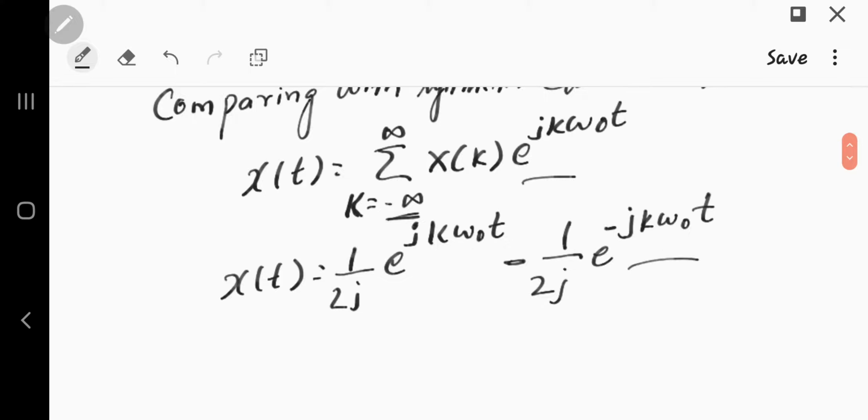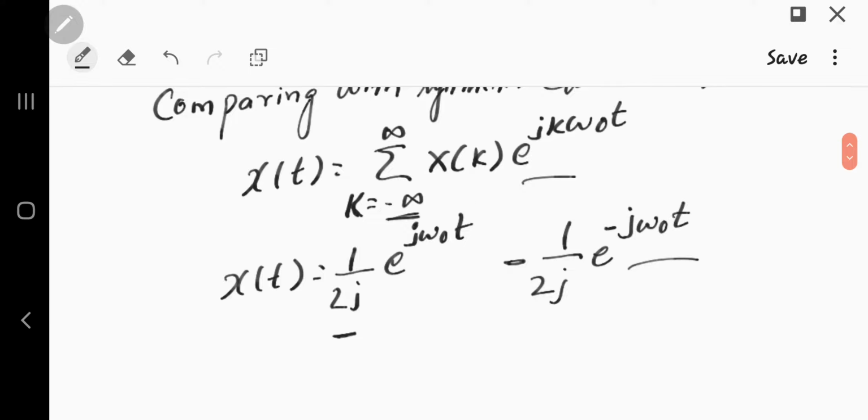And here one more thing we have to consider, that is these values. What are these values here? In the given we don't have k, just omega naught t here.